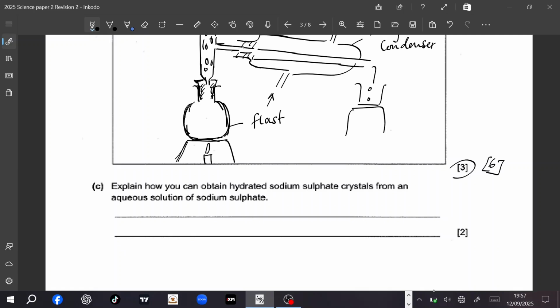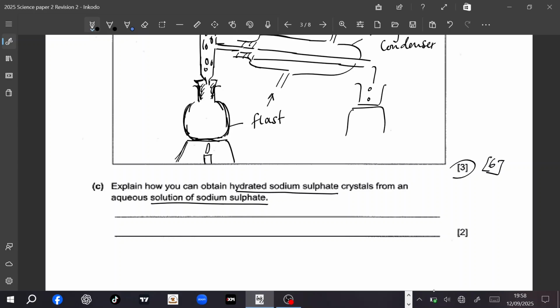Then we move on to this question which says, explain how you can obtain hydrated sodium sulfate crystals from an aqueous solution of sodium sulfate. Here they repeated a lot.